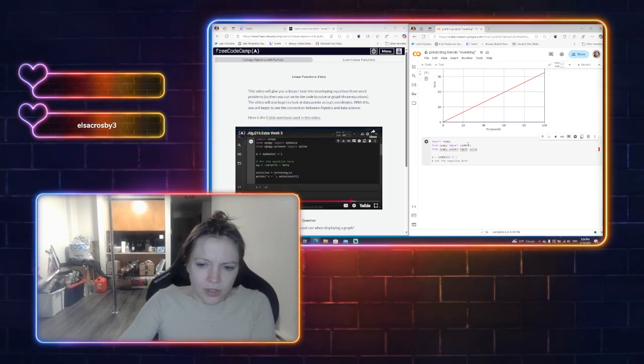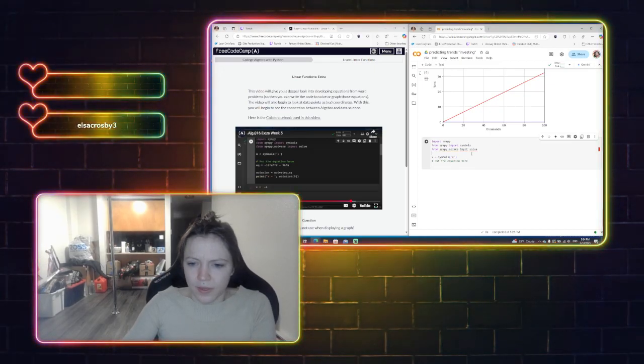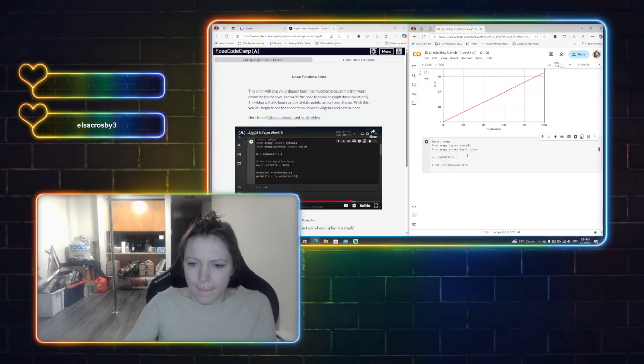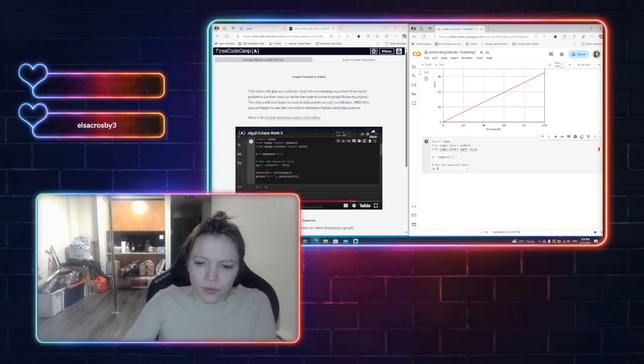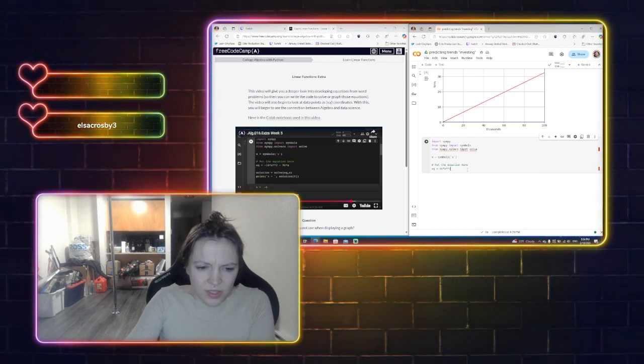Equation here. And the equation he just went over, which is eq equals negative 16 times x to the power of 2.